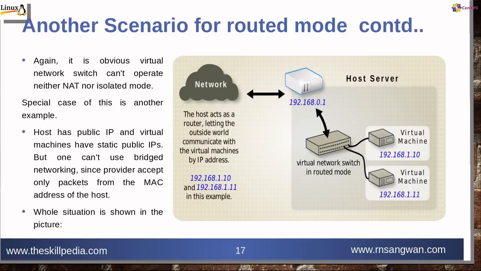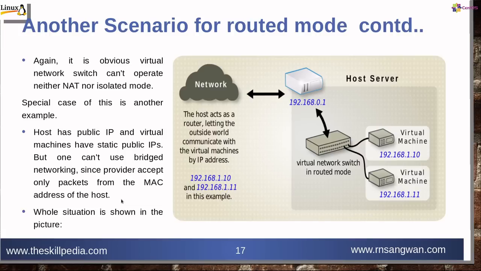Another scenario for routed mode, again, it is obvious: virtual networks which can't operate in either NAT or isolated mode. And a special case, another example, where the host has a public IP and the virtual machines have static IPs. But one can't use a bridged network since the provider accepts only packets from the MAC address of the host.